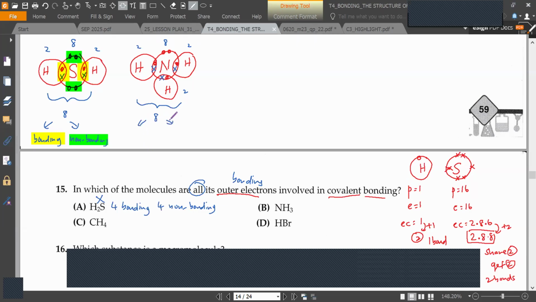Now we will see, this one is for bonding, this for non-bonding. So now we will check. Non-bonding is 2.